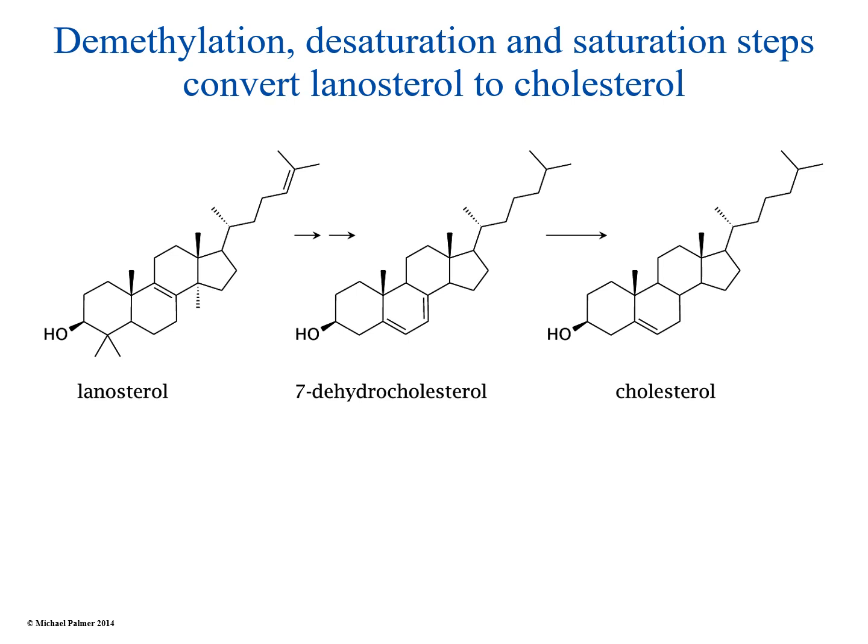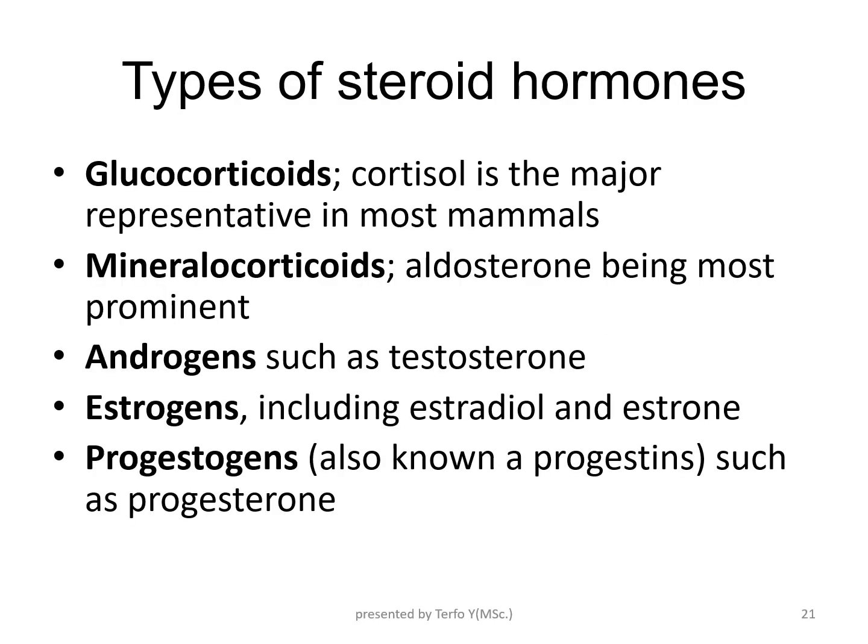So this one is the mechanism or the biosynthesis route of what? Cholesterol. So when we come to types of steroid hormones, we actually have five major types. The first one is glucocorticoids, of which cortisol is the major representative in most mammals, and the mineralocorticoids, aldosterone being the most prominent.